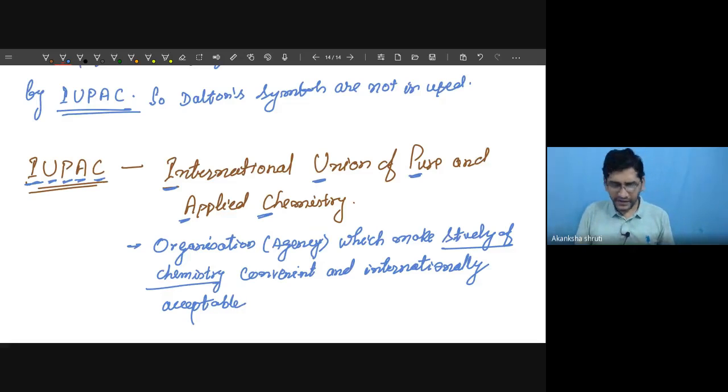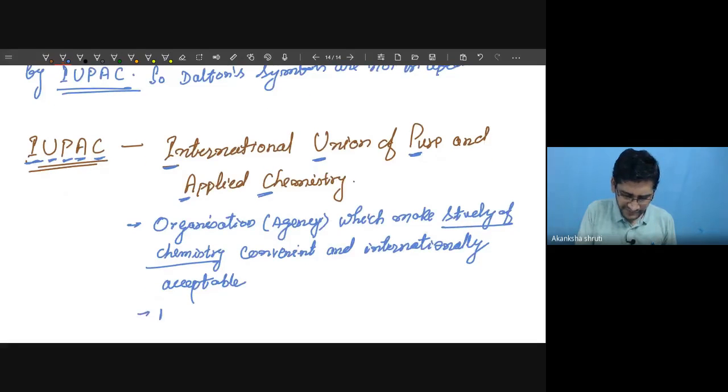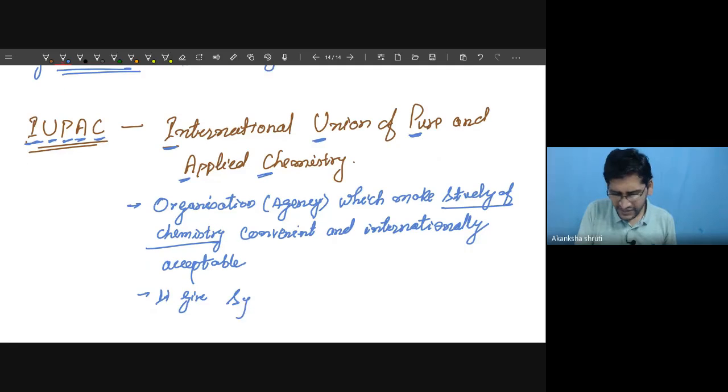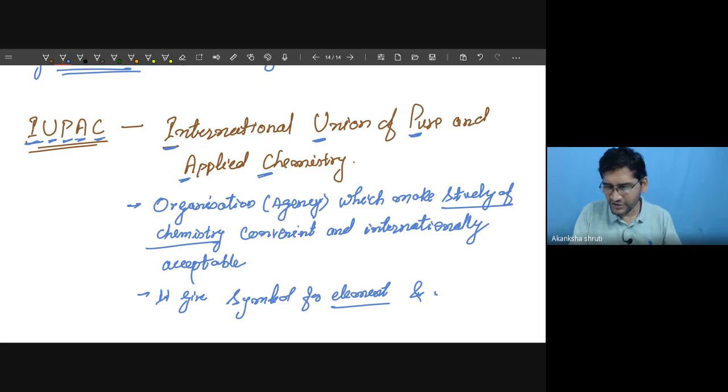So it gives symbols for elements. Not only elements, considering these elements, their molecular formation is also defined: molecules, names of compounds.